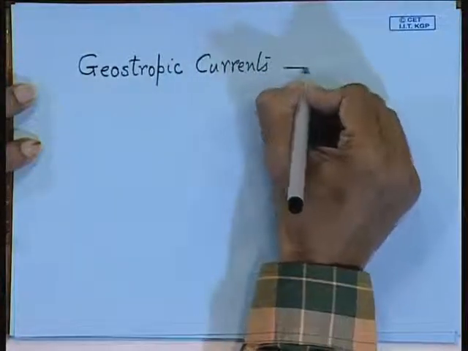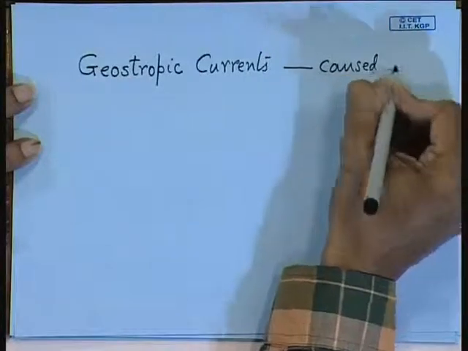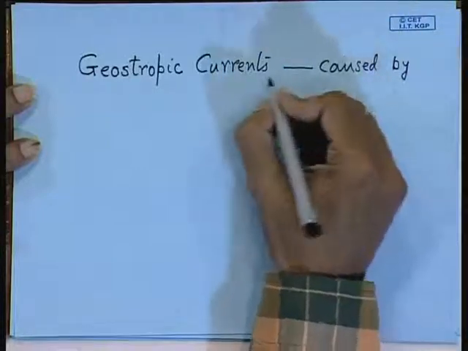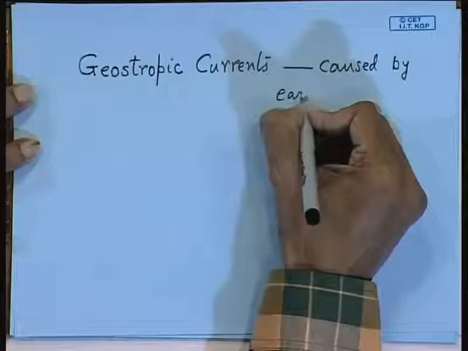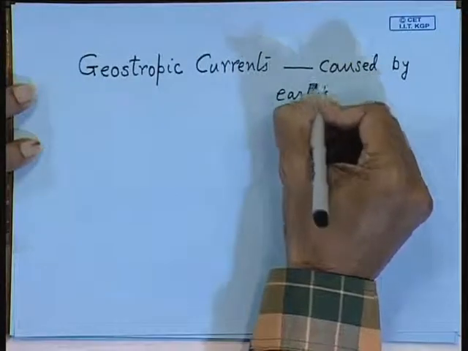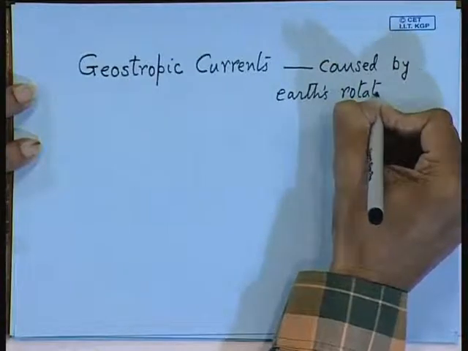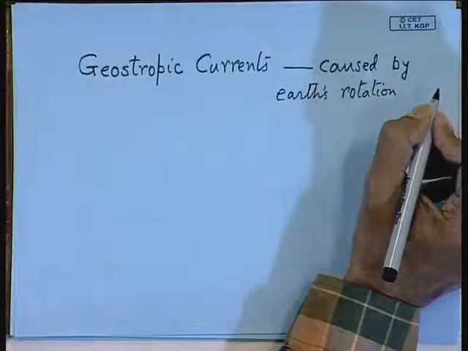So, this is caused by rotation, Earth's rotation. The Ekman current is caused by wind. Geostrophic current is caused by rotation.